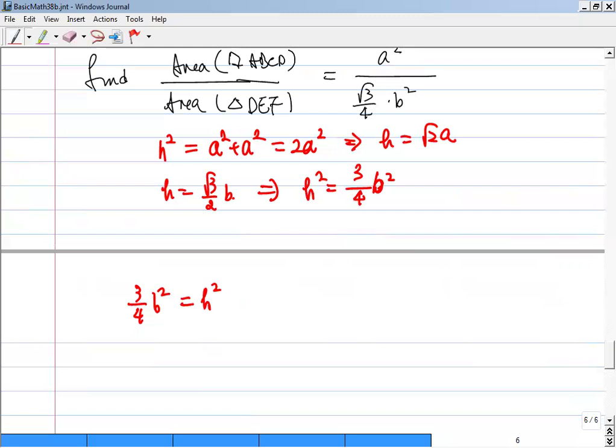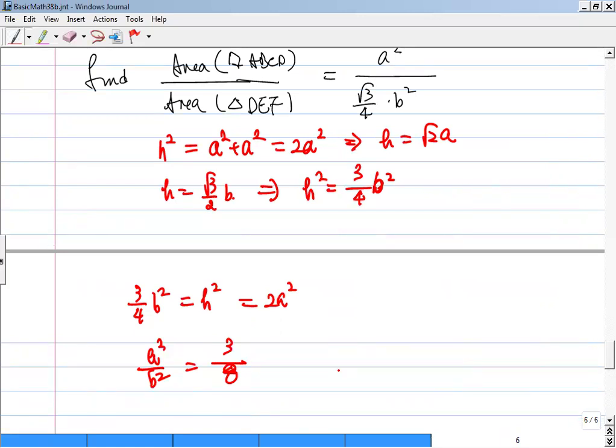This is H squared, that's the middleman. It's 2A squared. So clearly A squared over B squared is going to be 3 over 8. So that's the relationship. Then you put it into the above formula, and you get a solution.